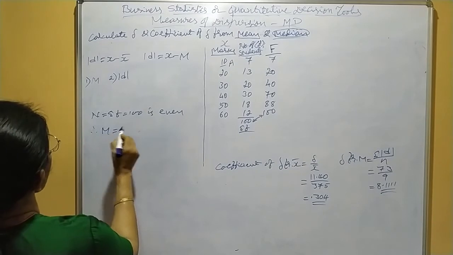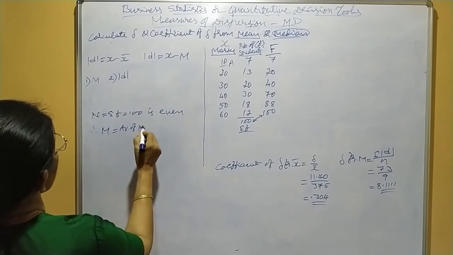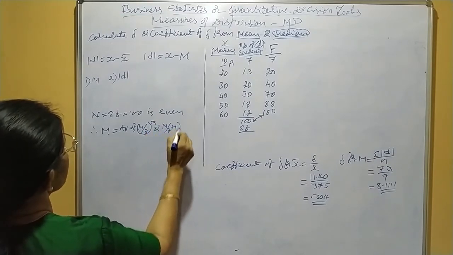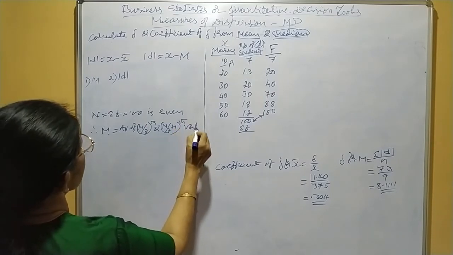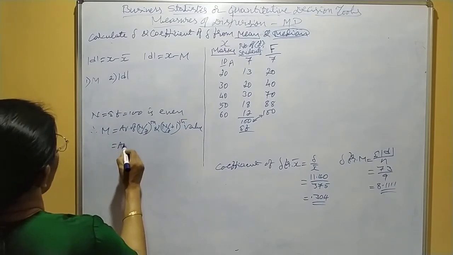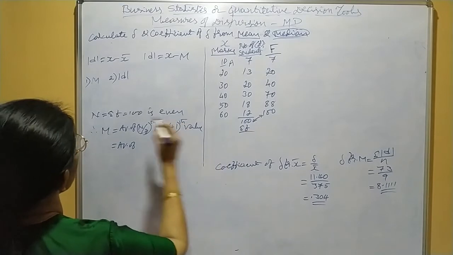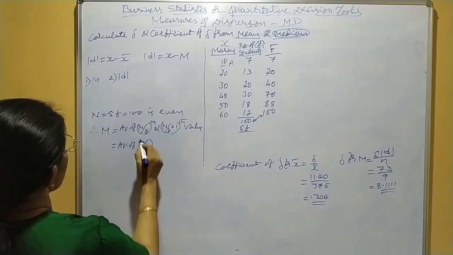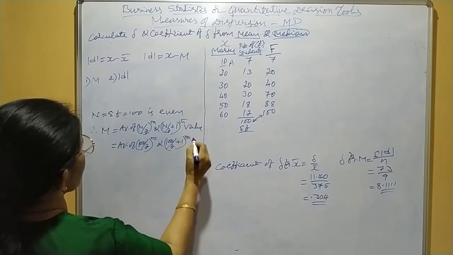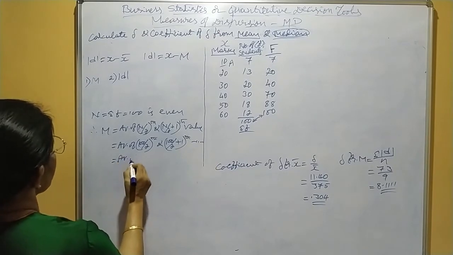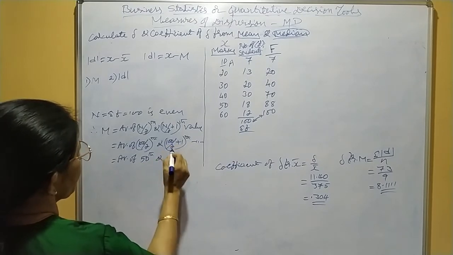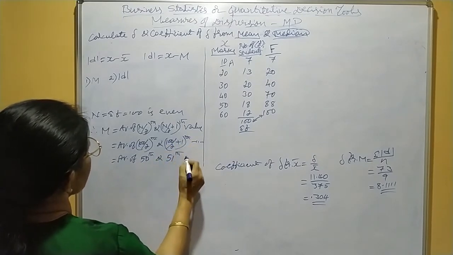Therefore, m equals average of n by 2th and n by 2 plus 1th value, that is average of 100 by 2, 50th, and 100 by 2 plus 1, 51st value.